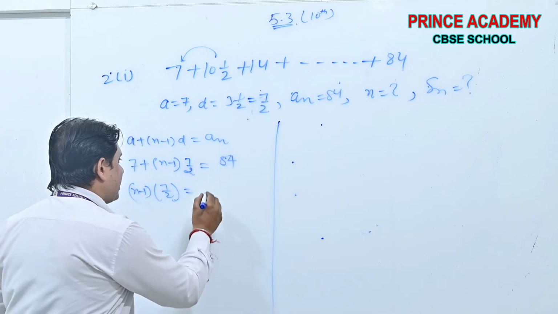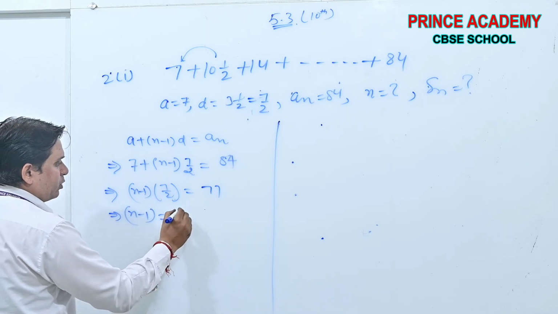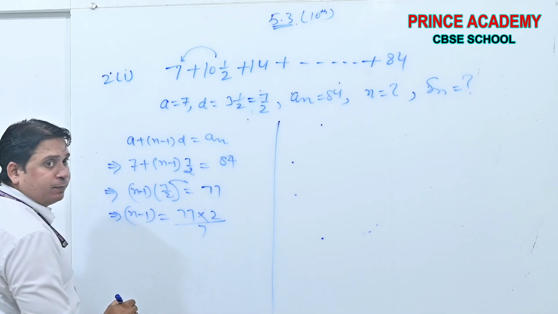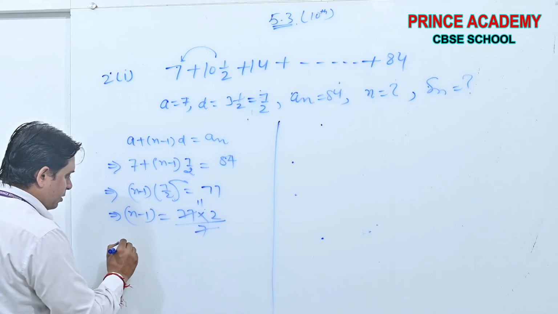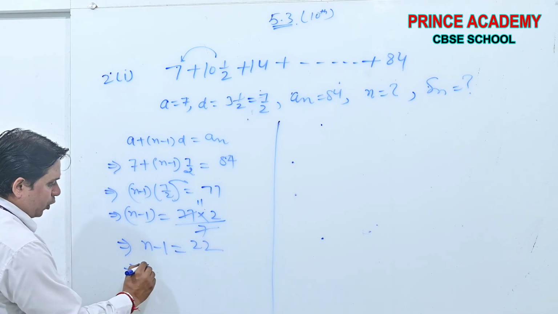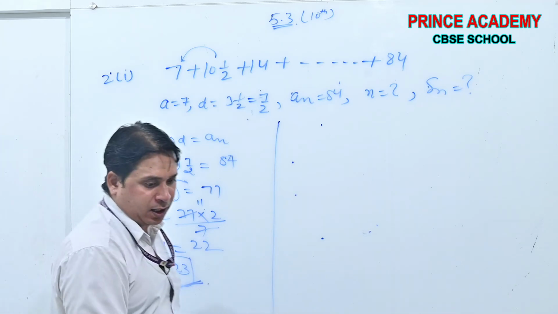You will get 77. From here n minus 1 will be equal to 77, and 2 by 7 will move across. 11, n minus 1 is 22. From here n is 23.